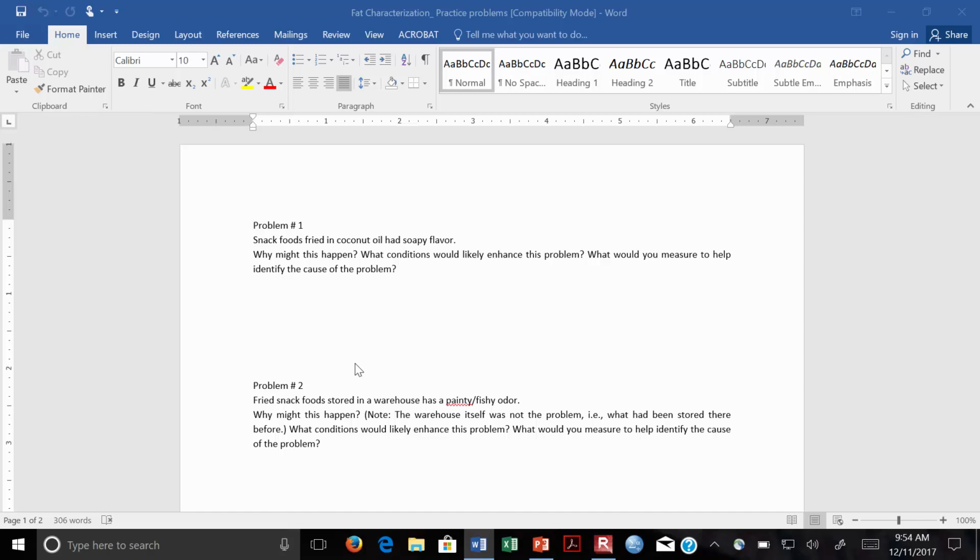In this case, it was most likely oxidation. If the packages are permeable to oxygen, and the warehouse temperature went up for some reason, it's a hot environment, then you would wind up having oxidative acidity.